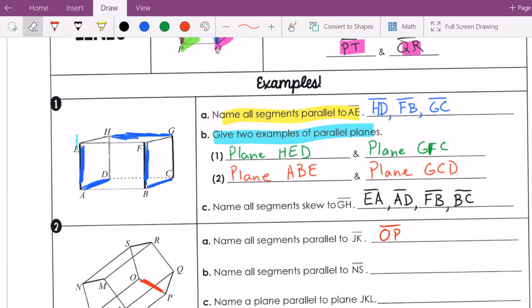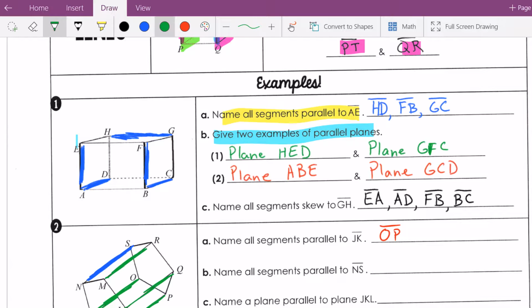Moving on to the next example, we have to name all segments parallel to NS. So NS is this line here. So we need to know all the other ones that are the exact same direction. So we've got MR, LQ, KP, and JO.